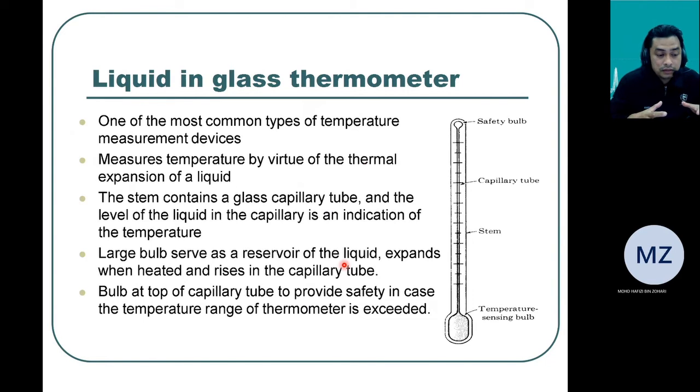So first we look at the liquid in glass thermometer. I think everyone knows the mechanism of this one. We have a bulb here. The bulb has either mercury or any kind of liquid that expands with temperature increase.